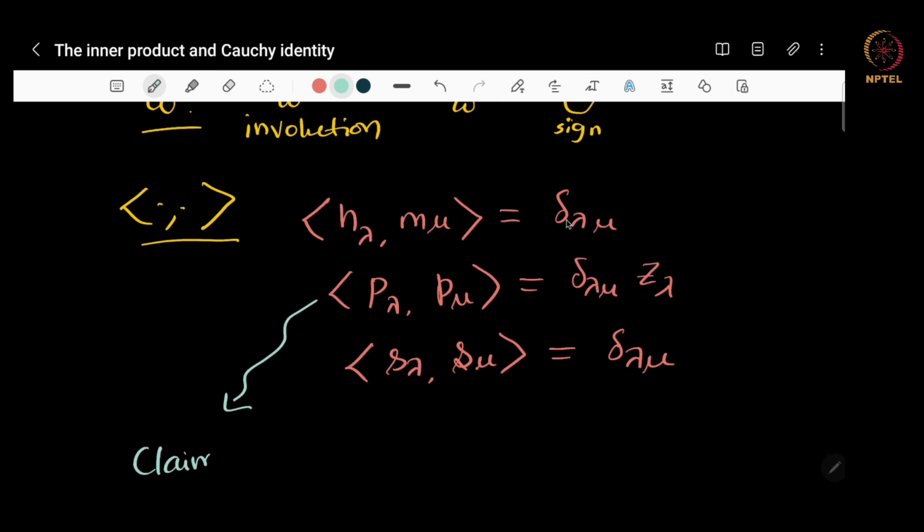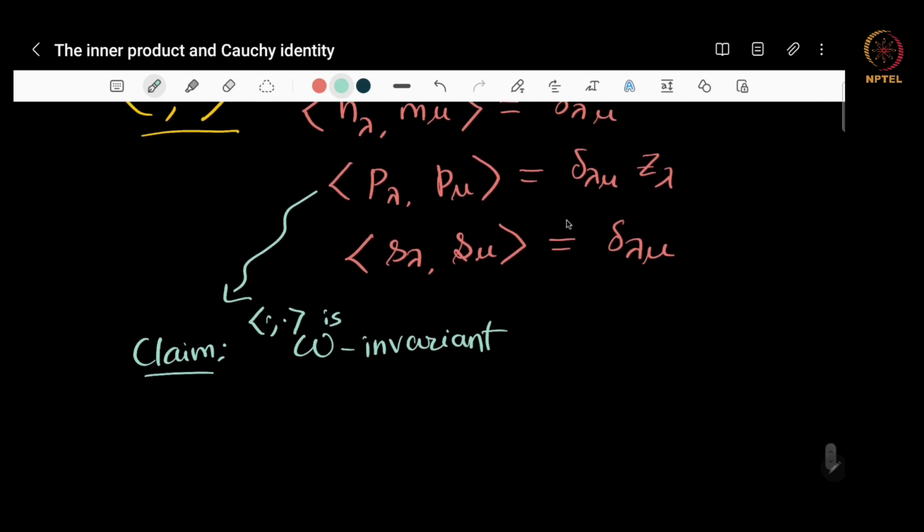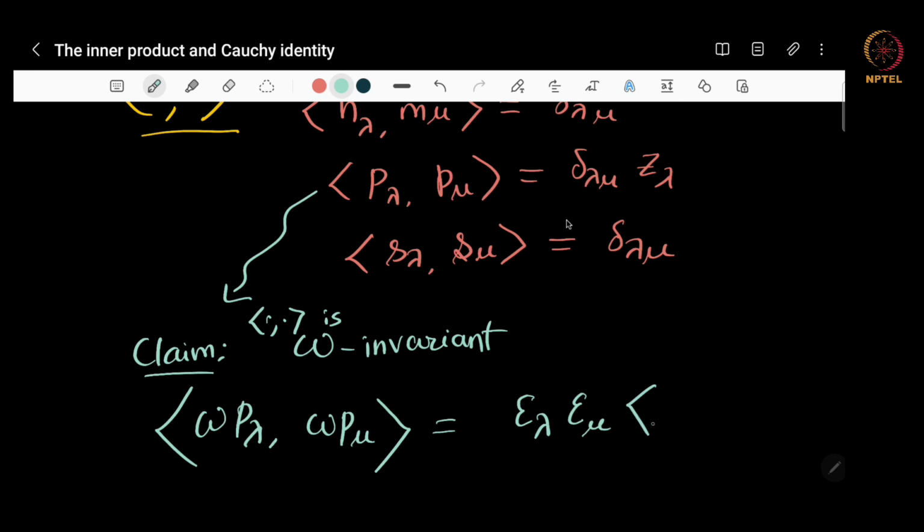We can use that second identity to say that the form is omega invariant. Proof: let's just check it on the basis P lambda. What do we know? Omega P lambda comma omega P mu. So what is omega P lambda? There was an epsilon lambda and an epsilon mu.